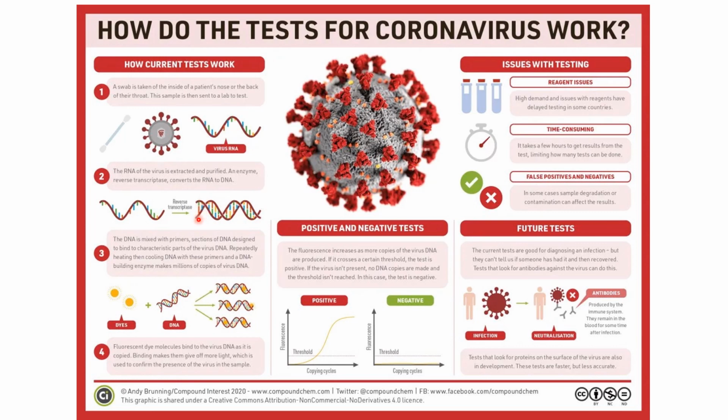You then go and multiply this, use PCR, polymerase chain reaction. So you make millions and billions of copies of this, and only of this DNA. So it'll only copy DNA that's found in the coronavirus, no other DNA.